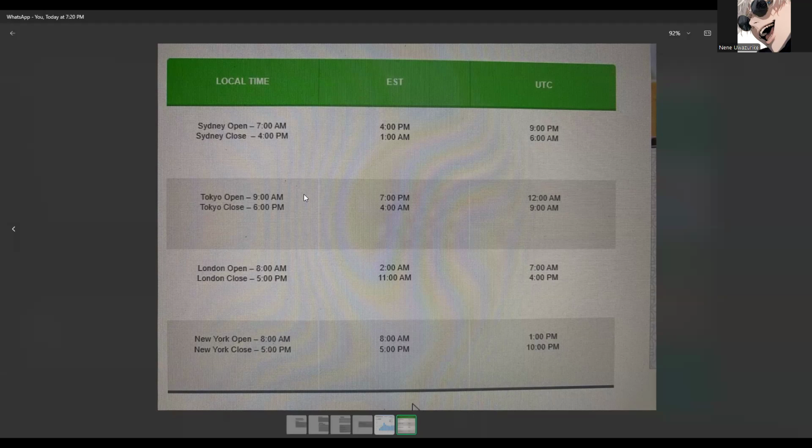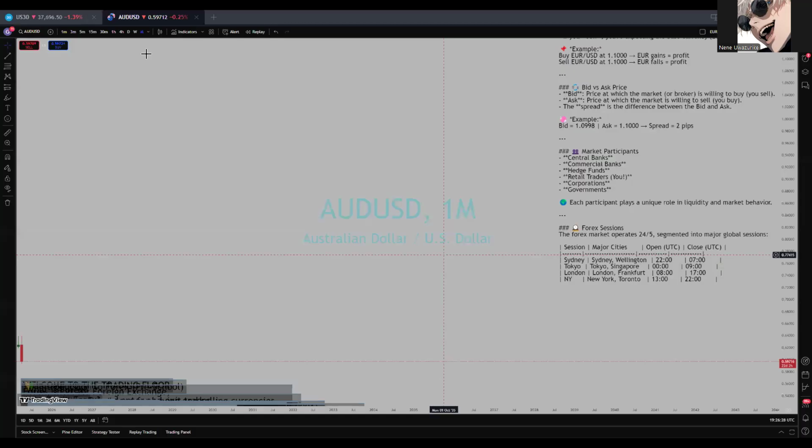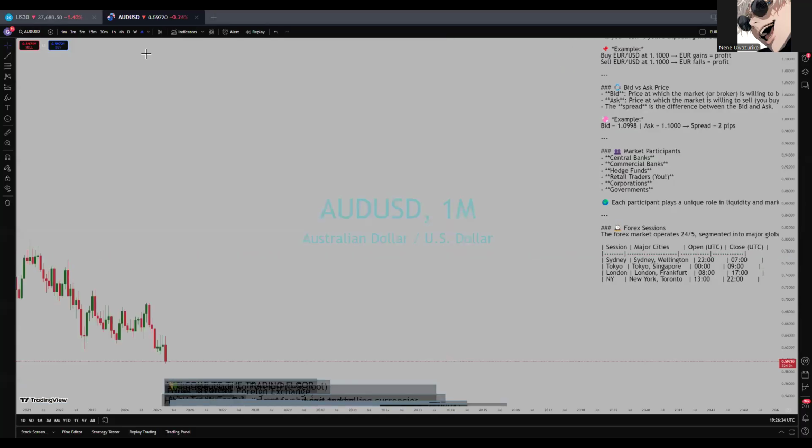That's what it looks like in our Nigerian time. Okay, you're not sure yet. No issues. There's still time for that. Definitely find out which one works well for you when we start taking trades.